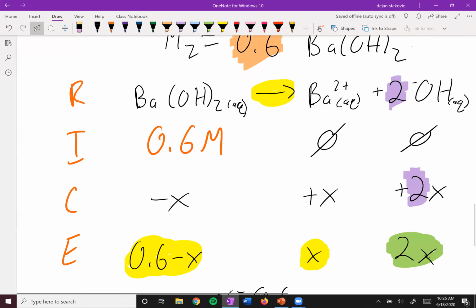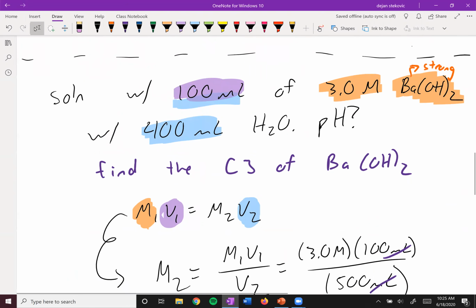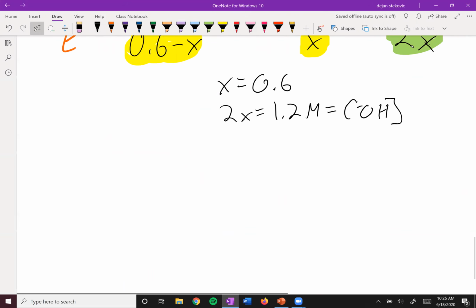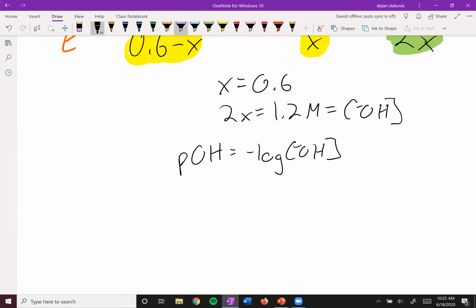And then I think our problem originally asked for the pH. So we've got to figure out the pH of this solution. And so remember, pOH is equal to the negative log of the concentration of hydroxide. So we can take that into here.